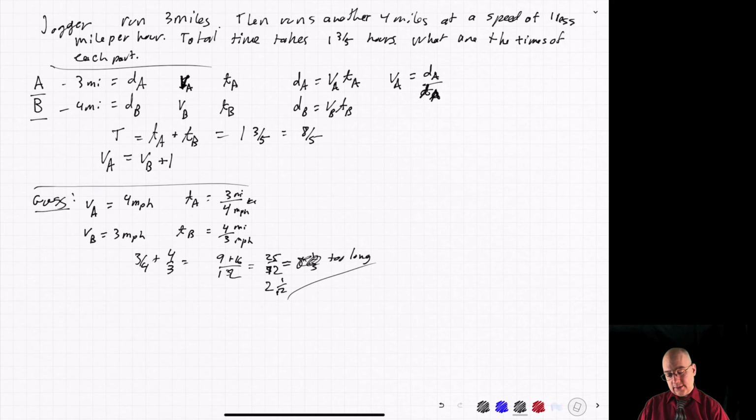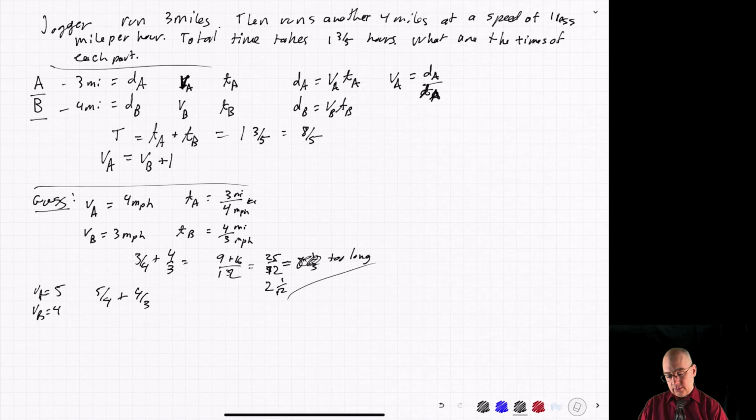But that's the idea, right? So that's a guess and check, and I could try some other numbers. I'd increase it. I could try 5 and 4. So if I were to do like VA was 5 and VB was 4, and then that would be 5 divided by 4 plus 4 divided by 3.